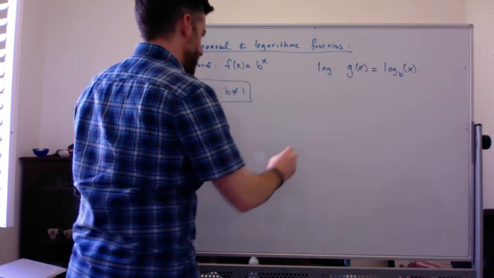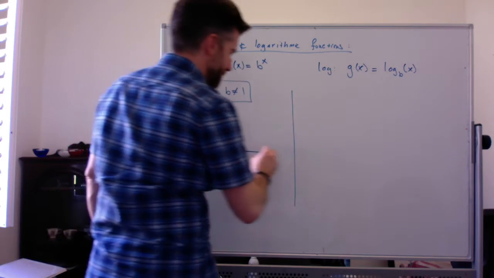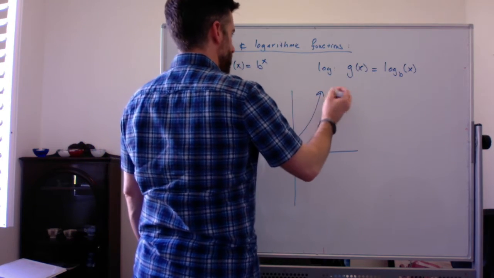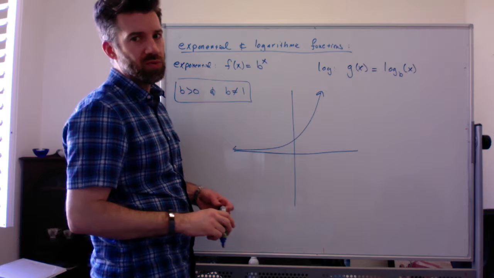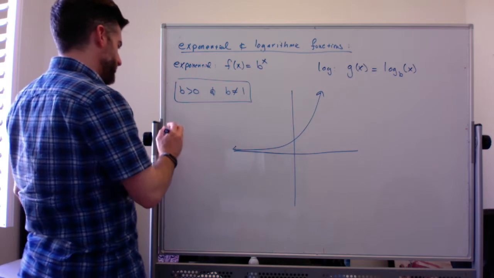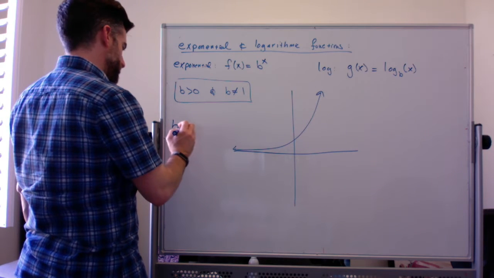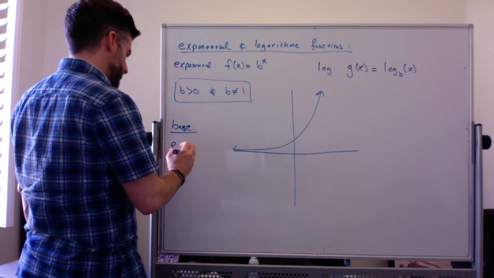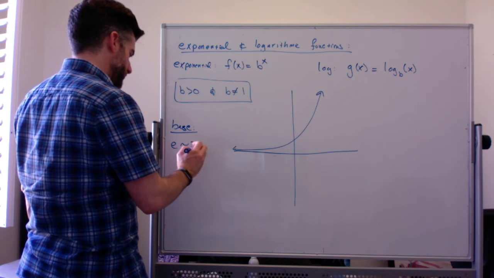Here's our general shape for these functions. The base I usually really think of, the one I like the best, is e, which is approximately 2.7.